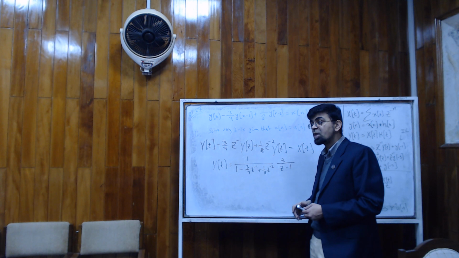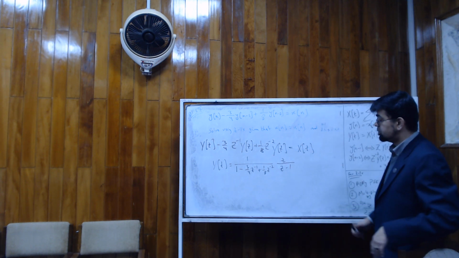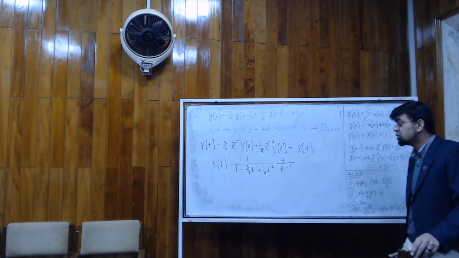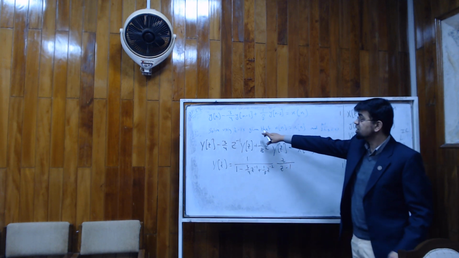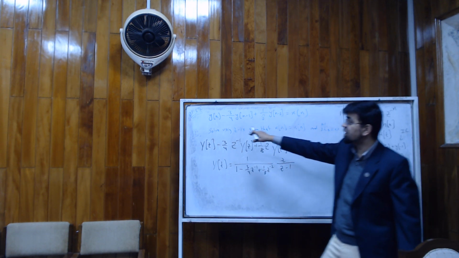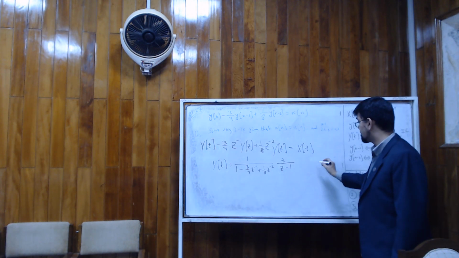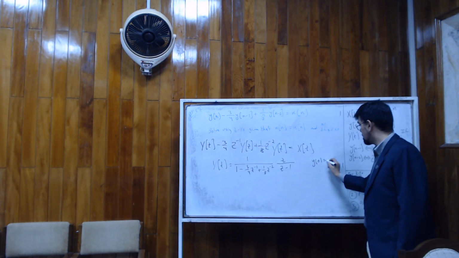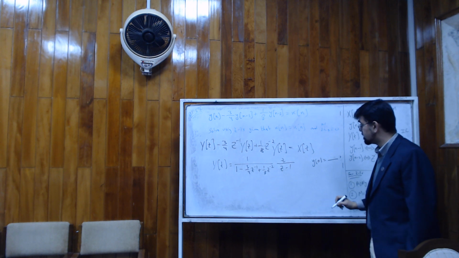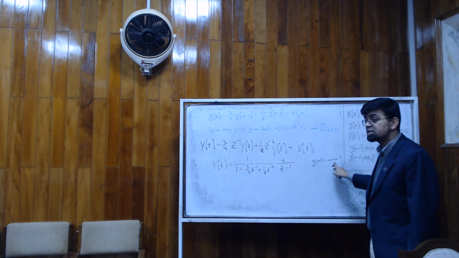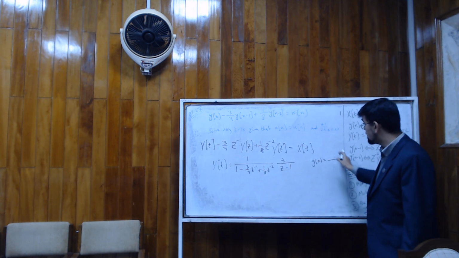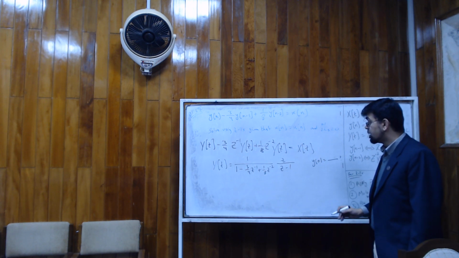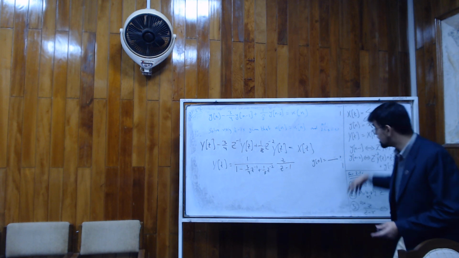Now what do I have to do to get yn? Remember, solving the difference equation means finding the output, this thing yn. How do you get it? Of course, the right hand side should not have another yn minus 1, otherwise it's not really solved. So what was the method? Which part applies now?